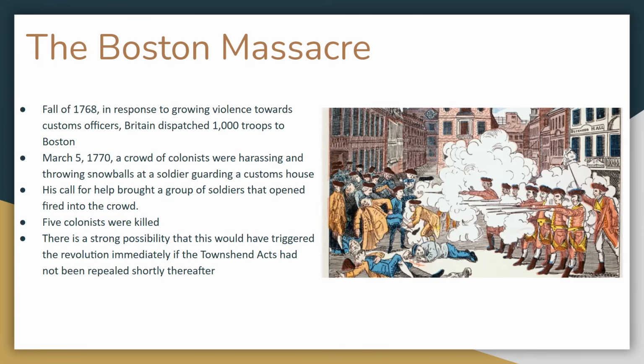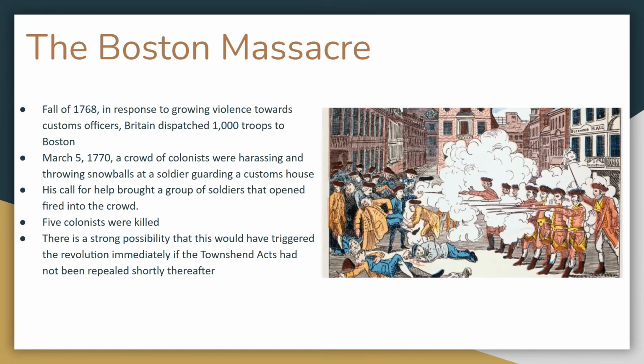And one of these times, which was very common, that a crowd was harassing customs officers, a set of soldiers steps in, and the crowd starts harassing the soldiers by throwing snowballs at them. They were guarding a customs house.